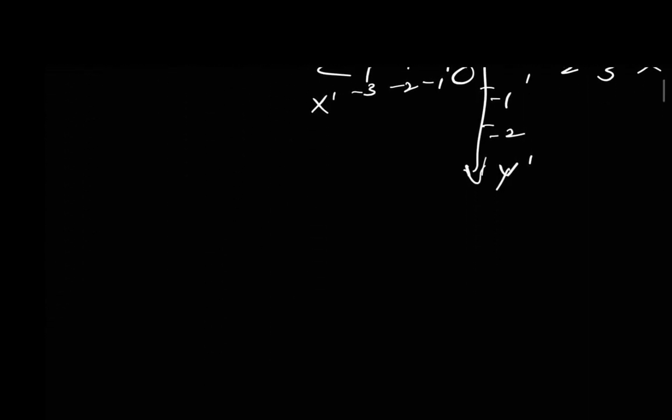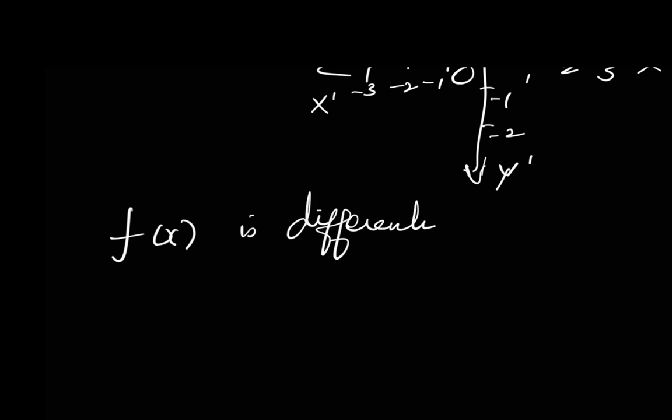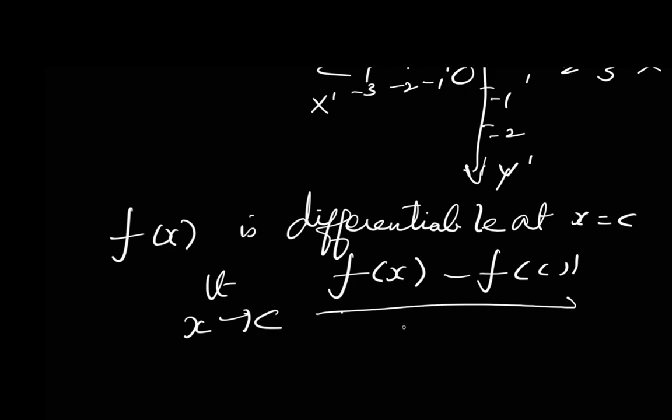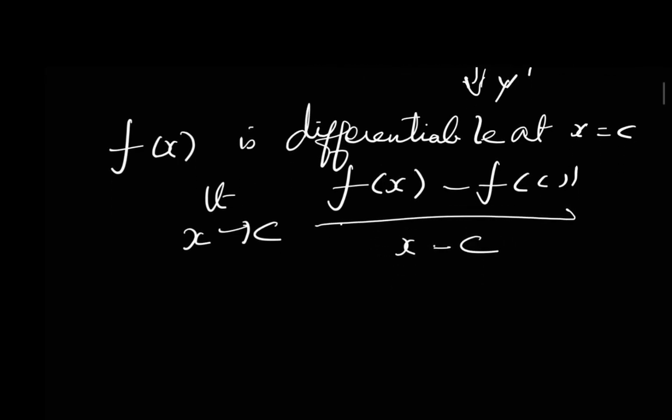So for f of x to be differentiable at x equal to c, we get the limit as x tends to c of f of x minus f of c divided by x minus c.